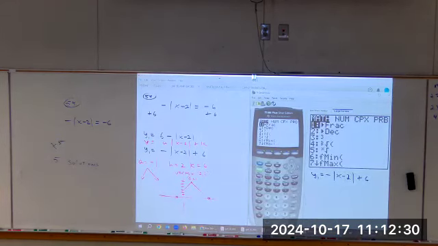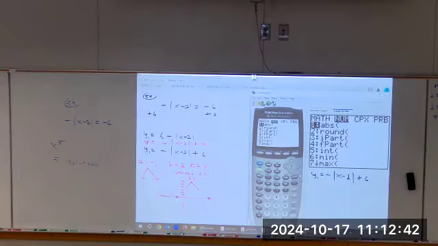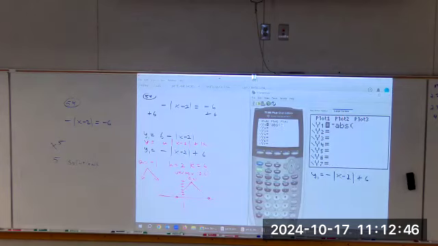Math is the first column, where it says math, num, cpx, and prb. We're going to go to the num column, and the first option is abs, which is absolute value. We hit enter. So negative absolute value, and then we bunch up x minus 2. That's the negative absolute value of x minus 2, and then plus 6.